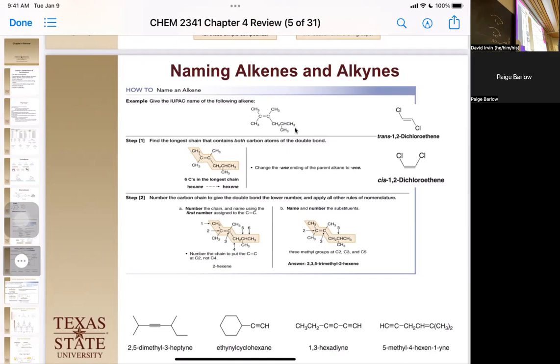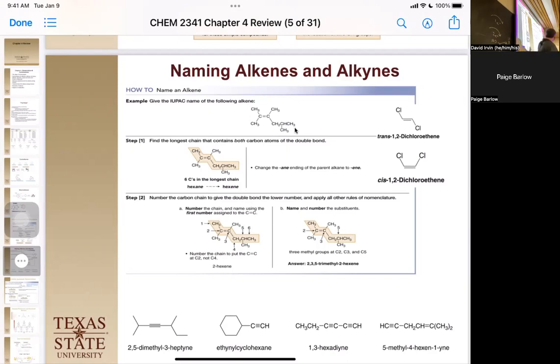Alcohols are over that. So if there's an alcohol over here, we'd have to say 5-methyl-4-hexen-1-yn-1-ol. So you just add them all together. Follow the rules, just keep adding them together. And then diynes and dienes, if you have more than one.